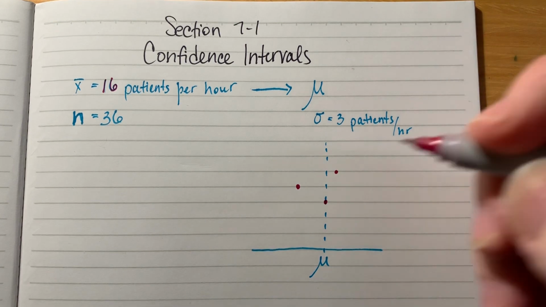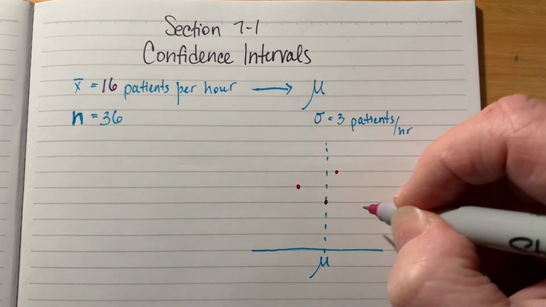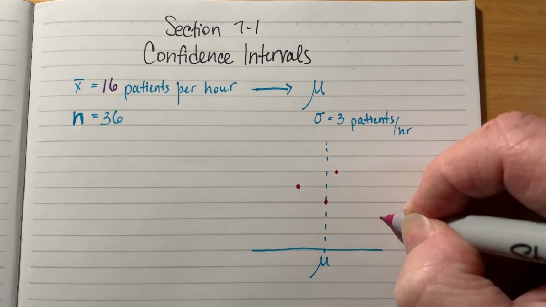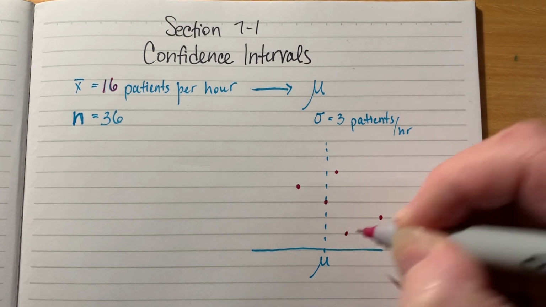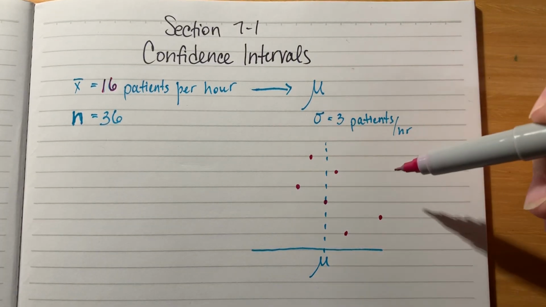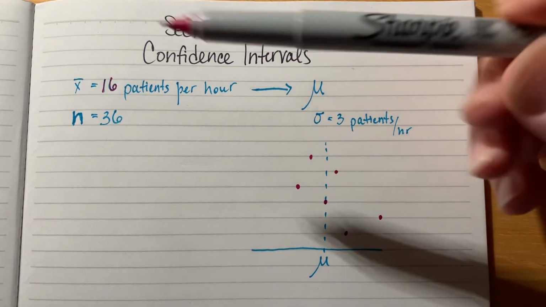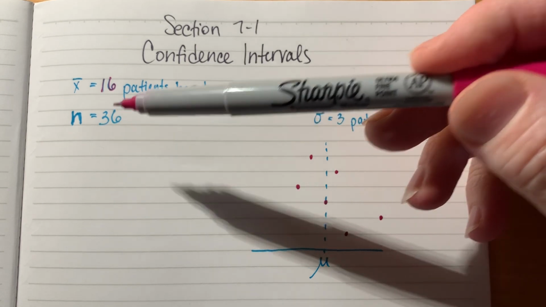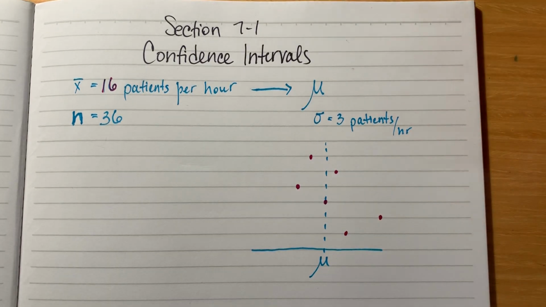I don't know. So my point estimate could be in all these different places, and let's put a couple over here. So for each one of the samples of size 36, I'm going to end up with a different point estimate. And there is going to be variability because every sample is going to be different.